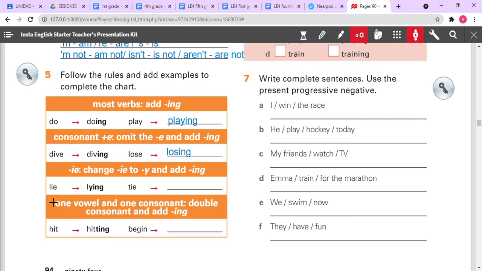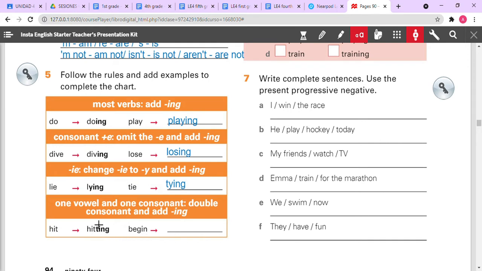Those ones, I and E, change into Y. And finally, add ing. Lie, lying, tie. Tie. What does the rule say? Bye-bye, IE, letter Y, ing, tying. That is the rule. Easy.